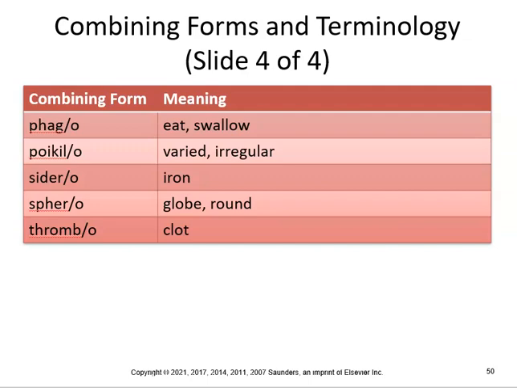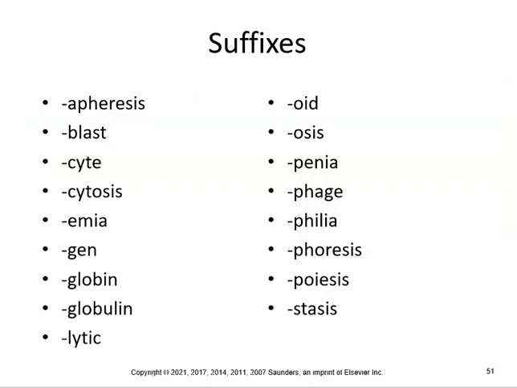Sidero, not apple cider, but sidero, iron. So sideropenia, deficiency of iron in the serum. Sphero is globe, like a sphere, so spherocytosis is an abnormal condition in which erythrocytes assume a spheroid or rounded shape. And thrombo is a clot, so thrombocytopenia, deficiency of clotting cells.